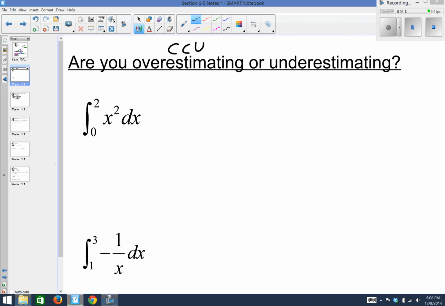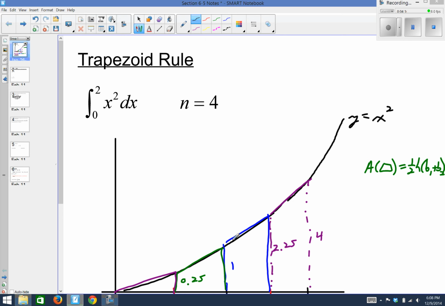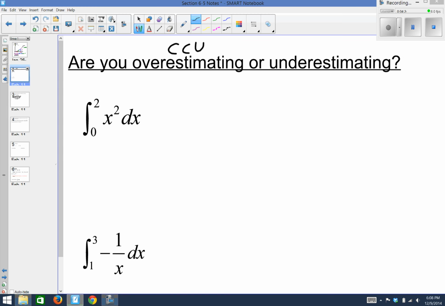And we can actually see it here in that little bits of our trapezoid are above the curve. So we have too much area. Whereas if I am concave down, we're going to be underestimating because our trapezoids will fall underneath the curve and we won't get quite all the area that we need.